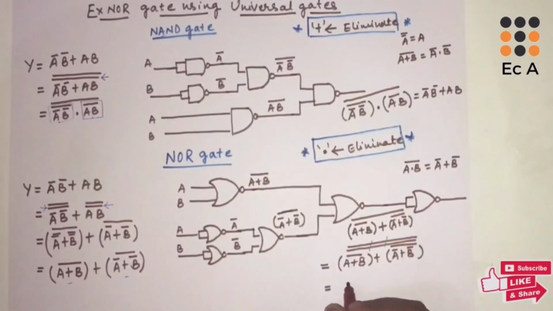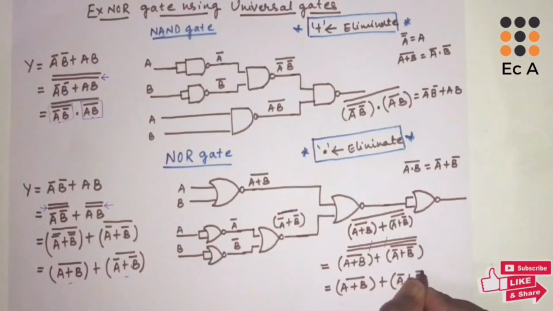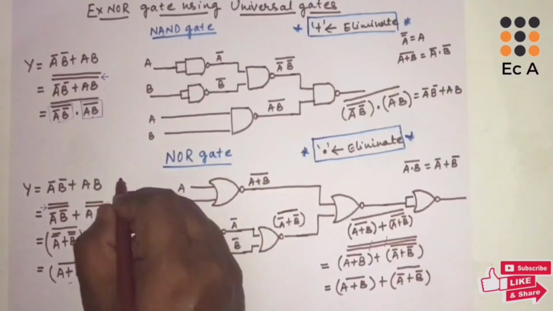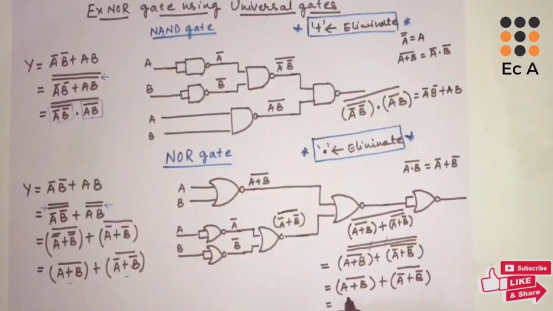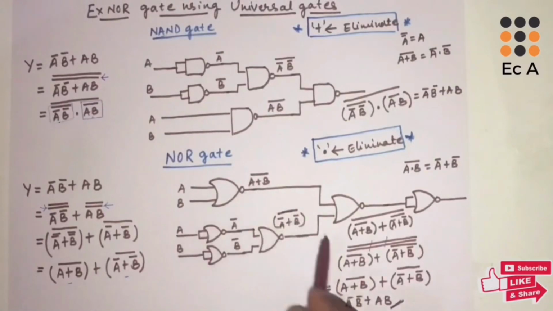So we will get (A plus B) whole bar plus (A bar plus B bar) whole bar. This is the same as the expression which we have simplified. This expression is the same as A bar B bar plus AB, which is the XNOR operation. So we have implemented an XNOR gate using only NOR gates.